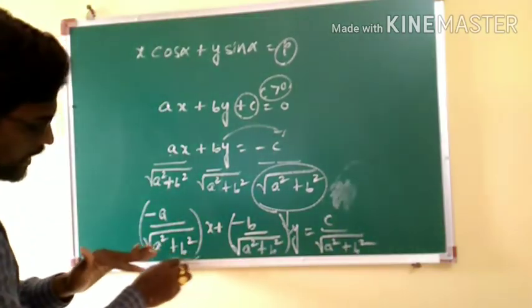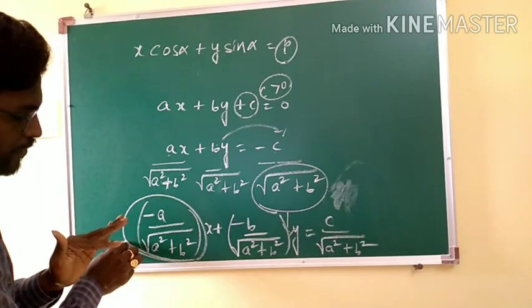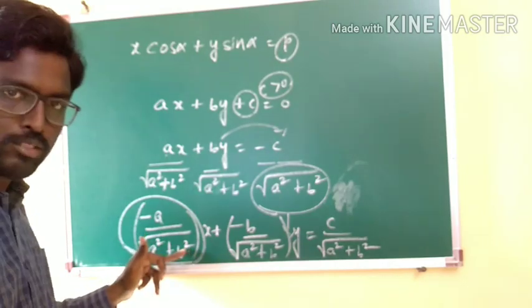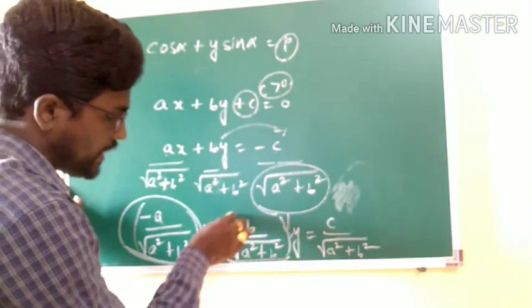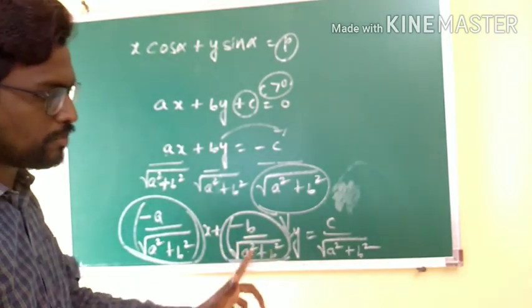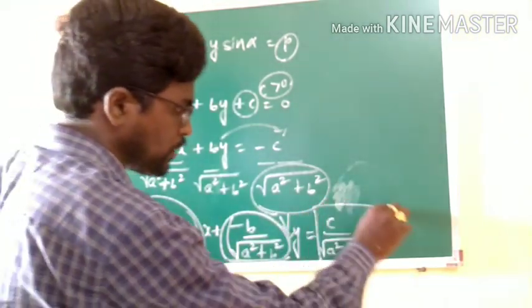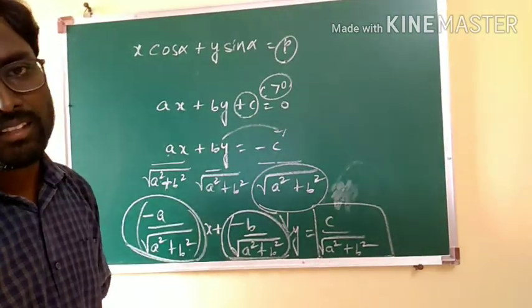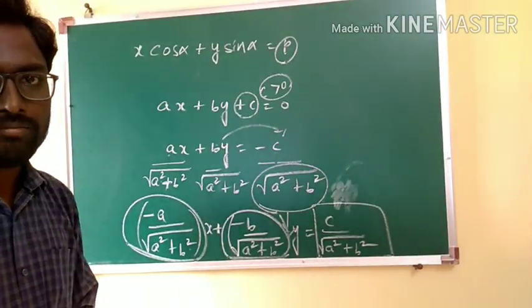Now, it is very clearly in the form of x cos alpha plus y sin alpha equal to p, where cos alpha is minus a by square root of a square plus b square, sin alpha is minus b by square root of a square plus b square. What is p? c by root a square plus b square. Hope you got my point here.